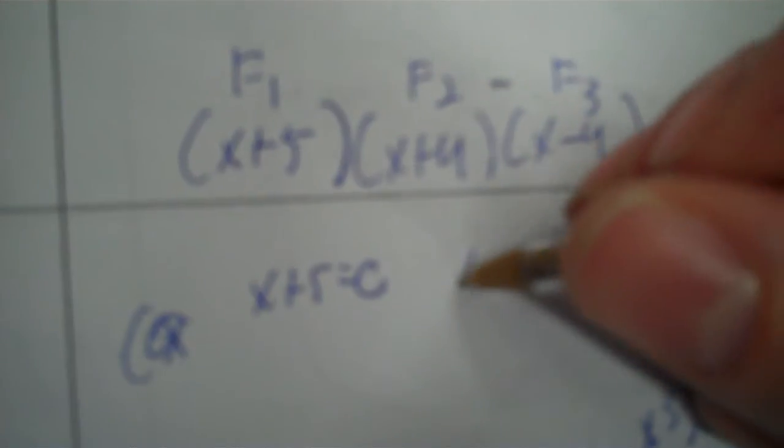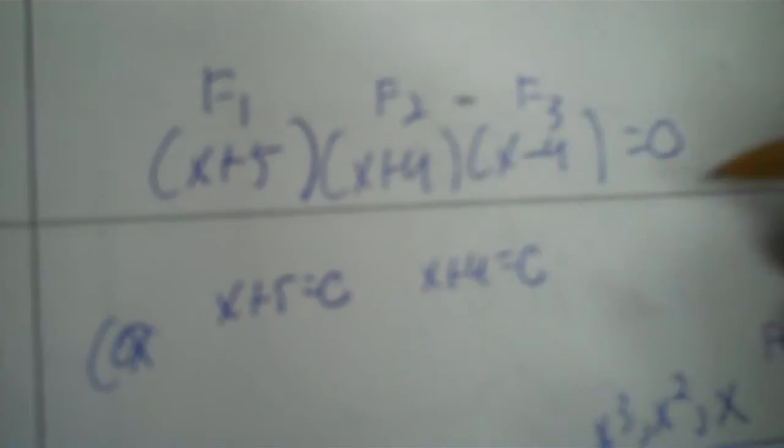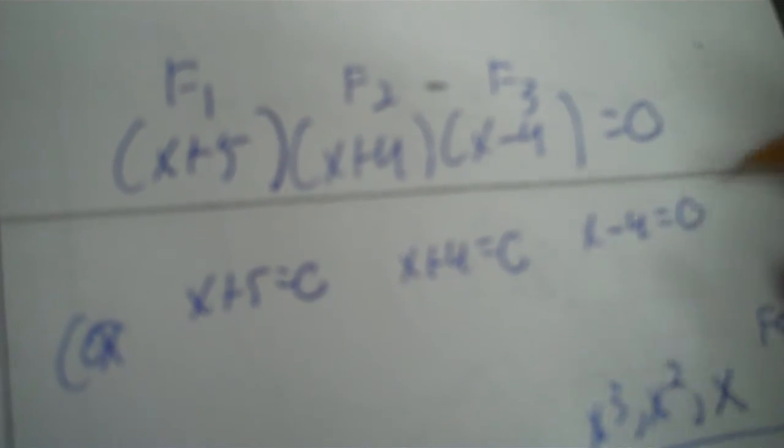So x plus 5 equals 0. X plus 4 equals 0. X minus 4 equals 0. So it's negative 5, negative 4, and positive 4.